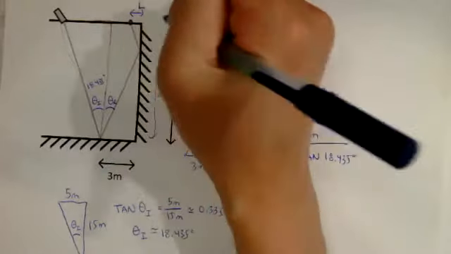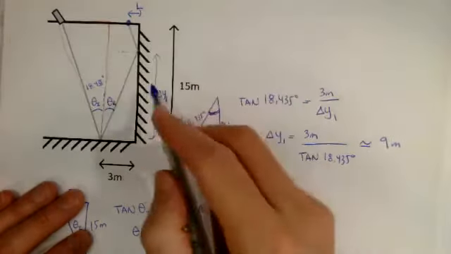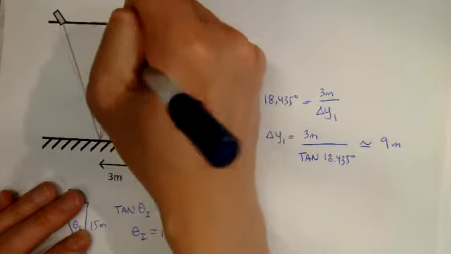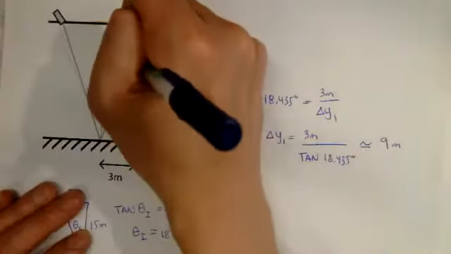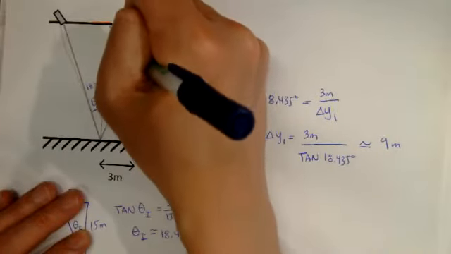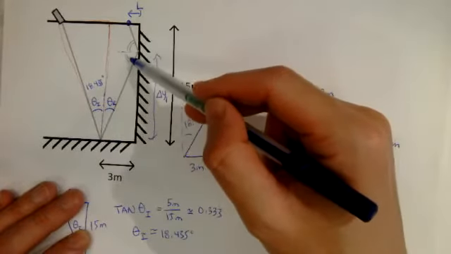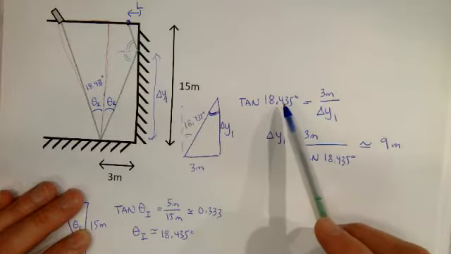That means that we have, so if this is 18.435 degrees, then this angle and this angle have to be the same, right? Not 18.435, but they have to be the same. It's actually 90 minus 18.435.